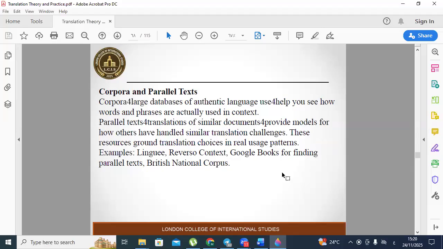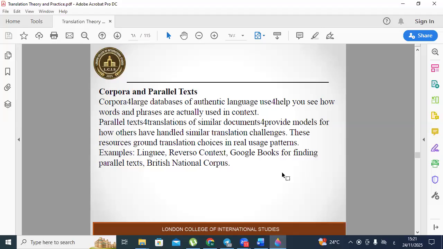Corpora, large databases of authentic language use, help you see how words and phrases are actually used in context. Parallel texts, translations of similar documents, provide models for how others have handled similar translation challenges. These resources ground translation choices in real usage patterns.